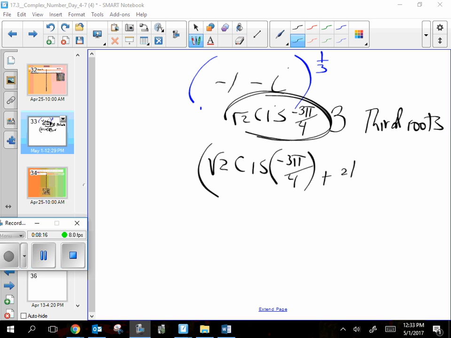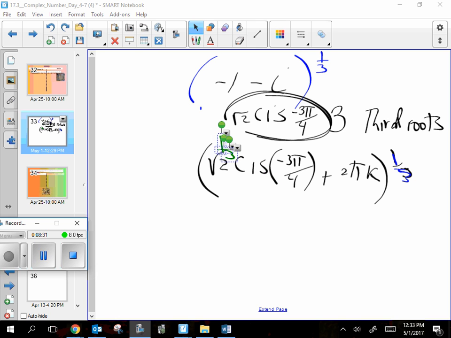Plus 2 pi k, and then I'm going to do the third power, and then De Moivre is all about the exponent. So I'm going to put another 1/3 up here, and then I can put that there, and this here, and then maybe one more, make this one red. And that one can go here. I'm going to get rid of that.